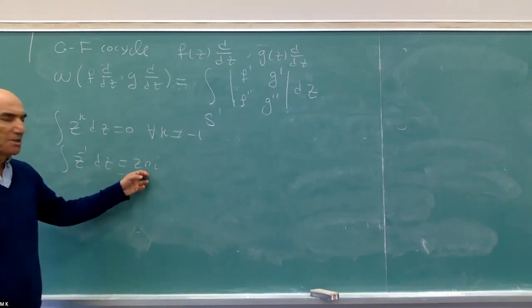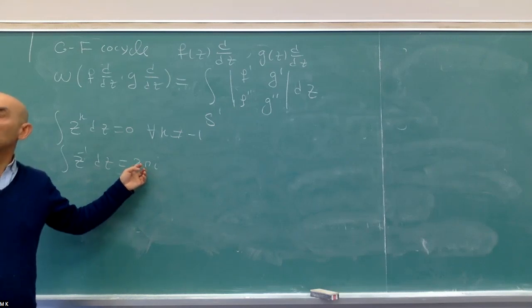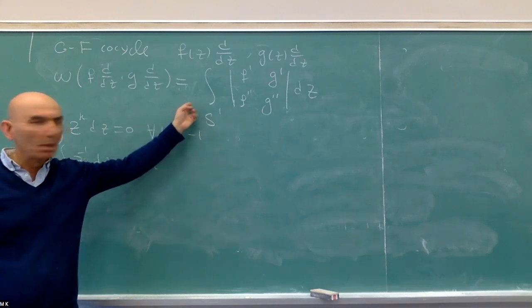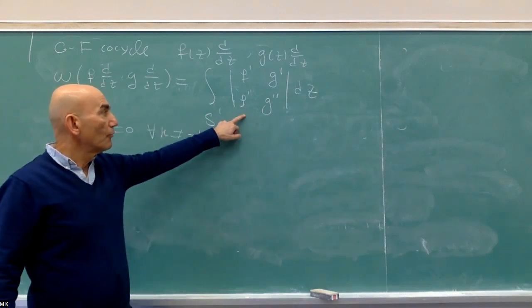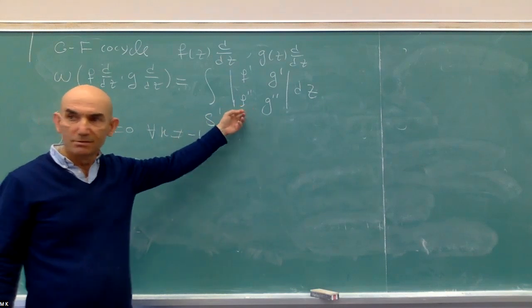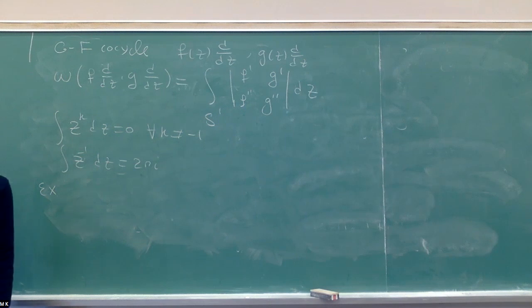But because this is just a scale, for us this 2 pi i doesn't matter. We can even define it to be equal to 1 if you want. Now what you need to check is that this is a 2-cocycle. That's a good exercise. You have to work out the right definition of 2-cocycle, and then here is a very good example exercise.